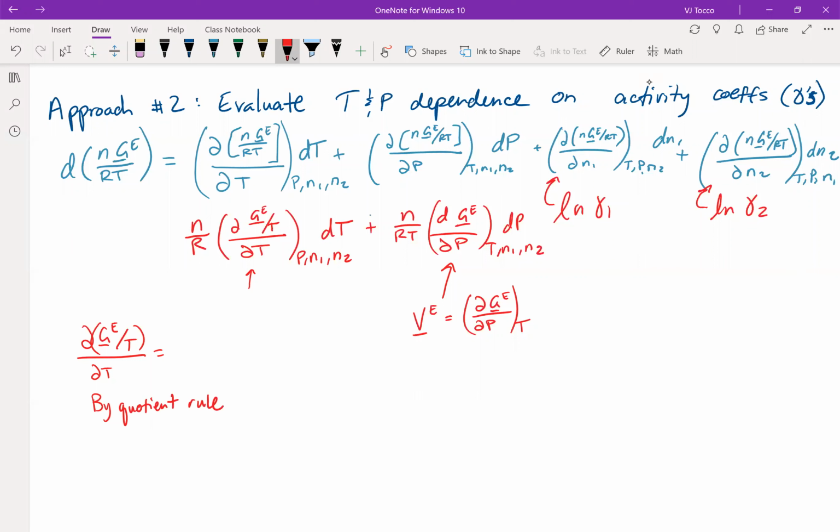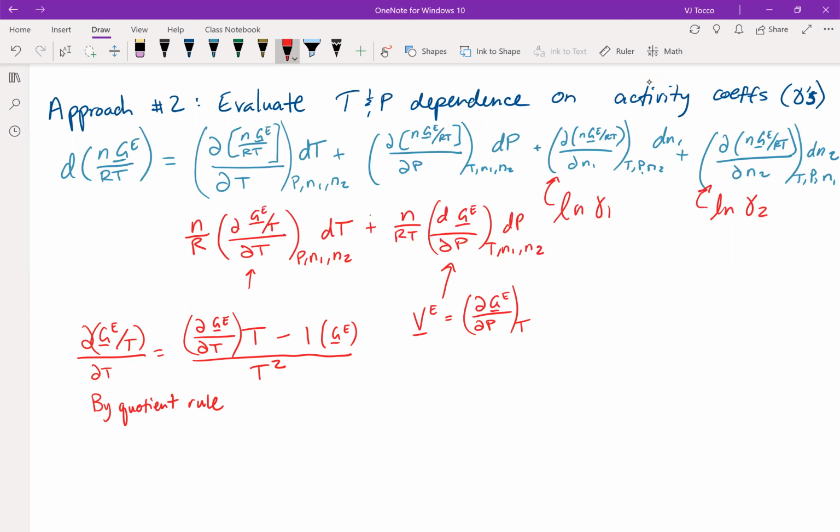It is the derivative of the top, so that is dGE with respect to T, times the bottom function, which is just T, minus the derivative of the bottom function, which is 1 because the derivative of T with respect to T is 1, times the top function, which is excess molar Gibbs free energy, all divided by the bottom function squared.